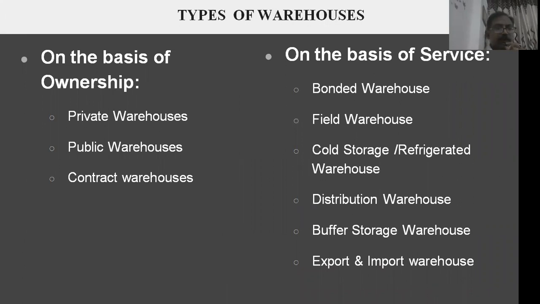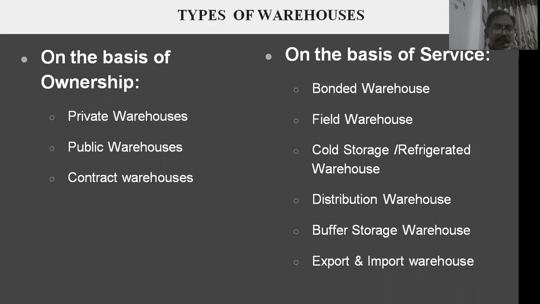If we classify the warehouse on the basis of ownership, we can classify it as private, public, and contract warehouses. Private warehouses are those where owner and user are the same.